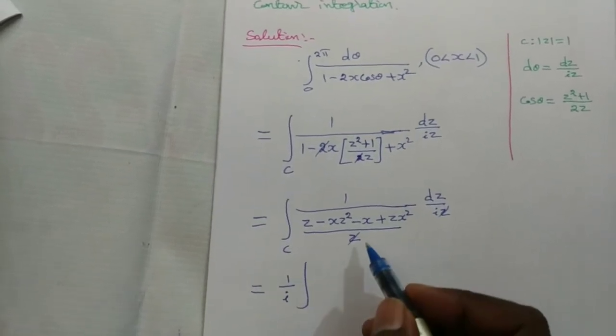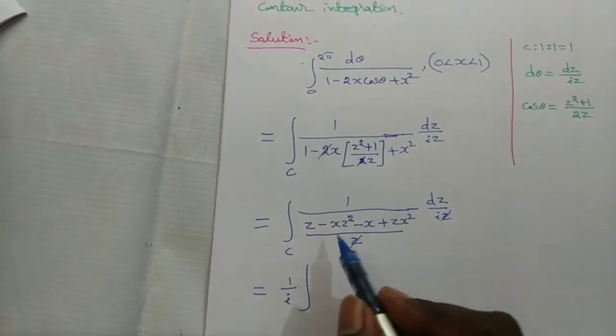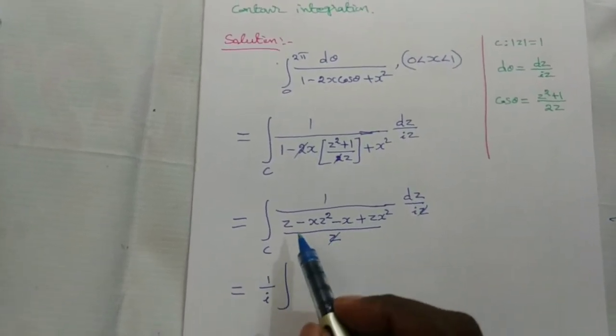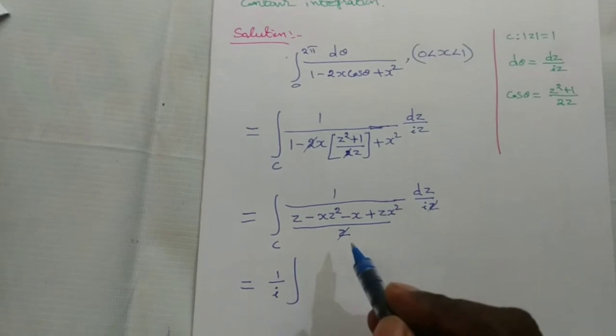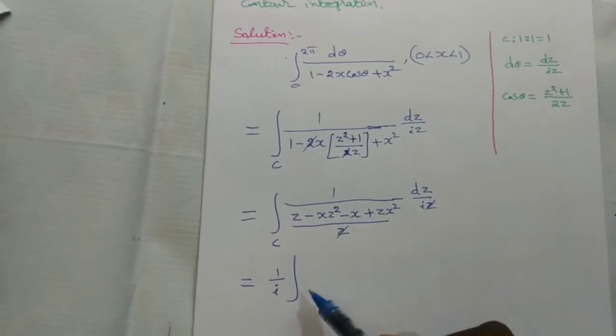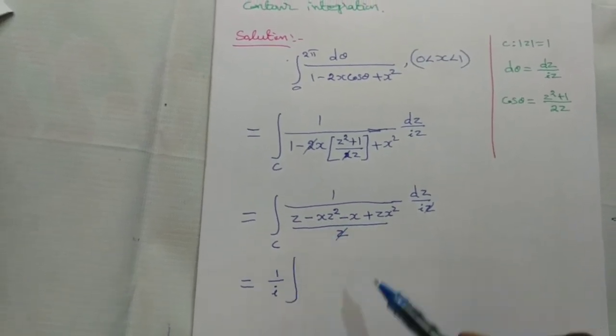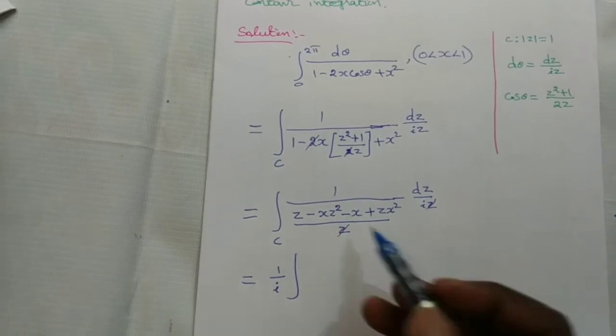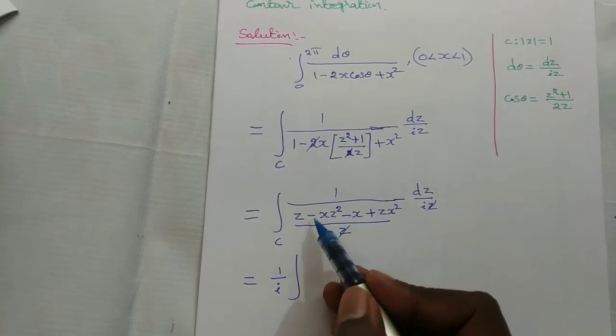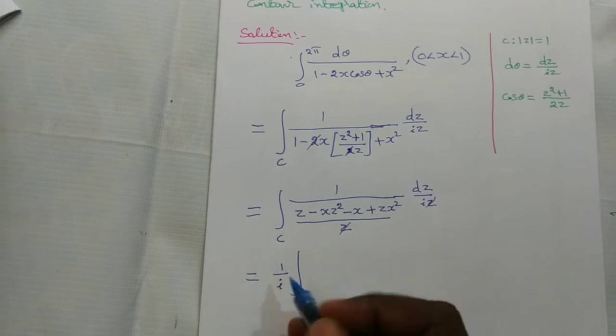At the same time, in the denominator I want to convert into a quadratic in terms of z, so I want to collect the z² term first, next the z term and a constant term. But here the z² term is negative, so I am going to take minus outside.